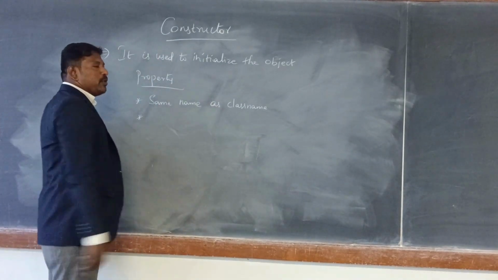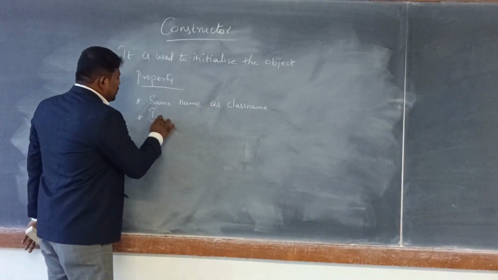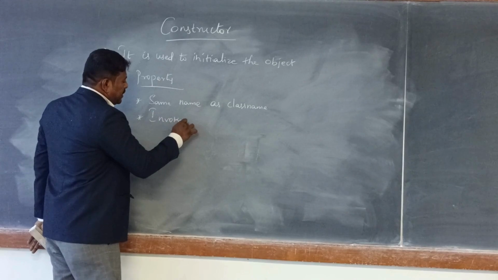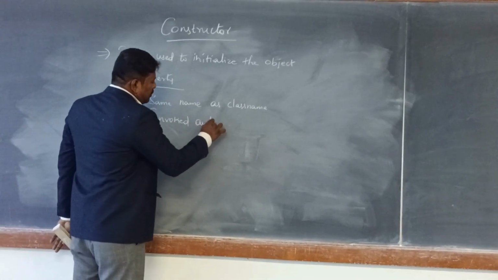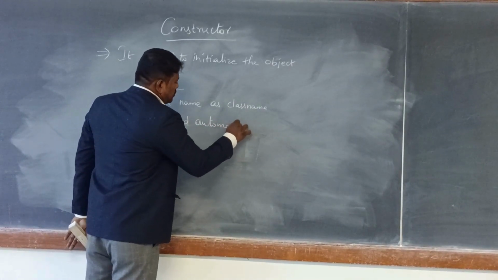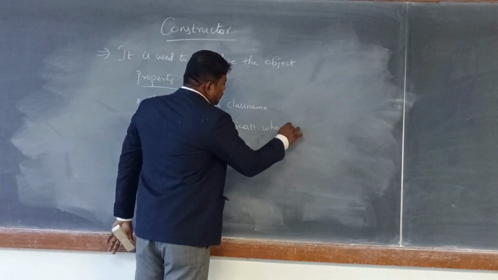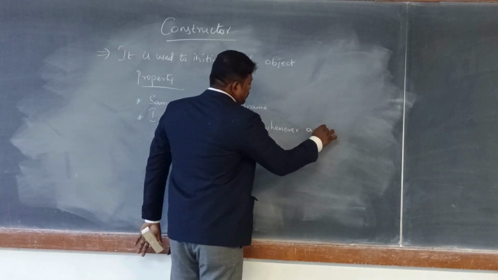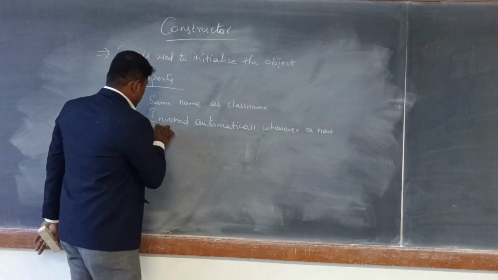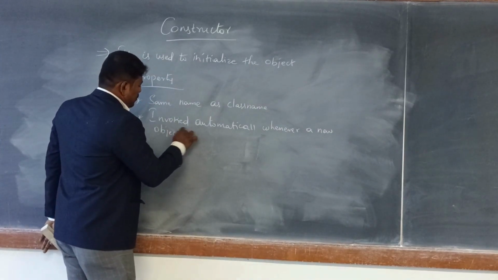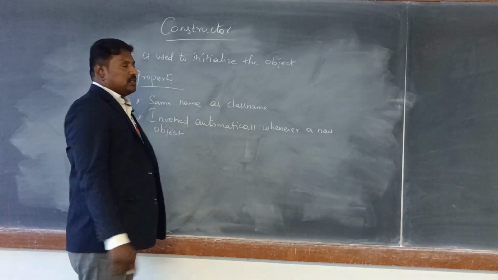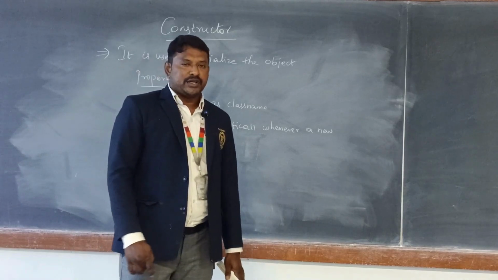And the second property is it is invoked automatically, whenever we create a new object to that class. So this is the second property of constructor.